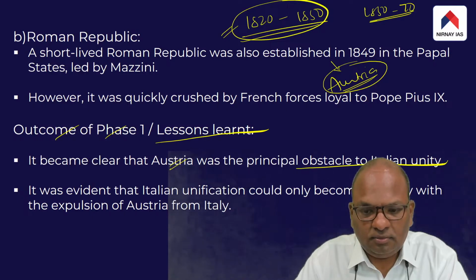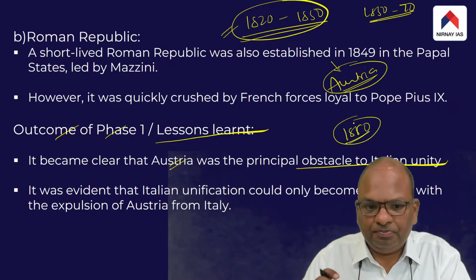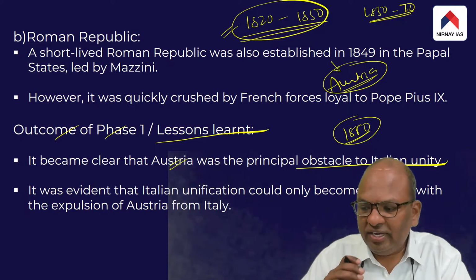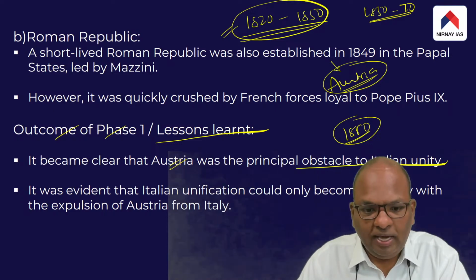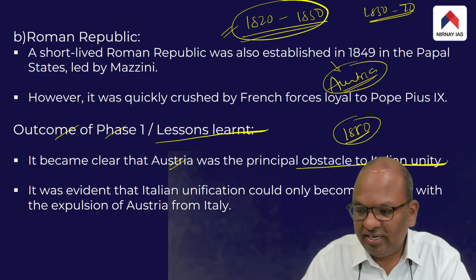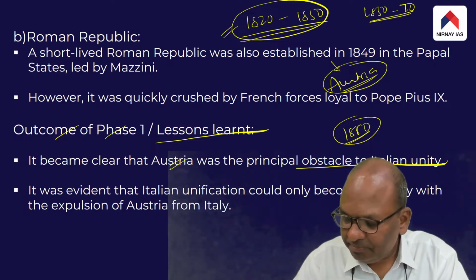Things became very clear by about 1850 that as long as Austria continues to have its influence in the Italian territories, Italian unification can never become a reality.